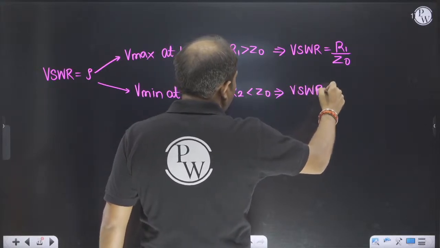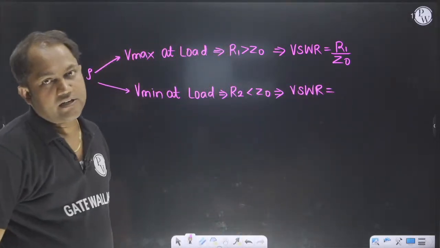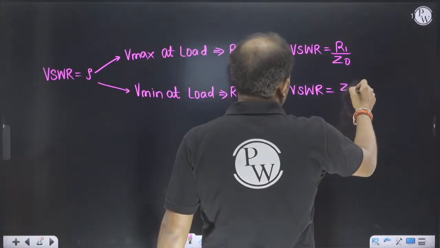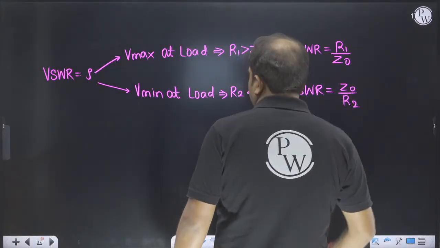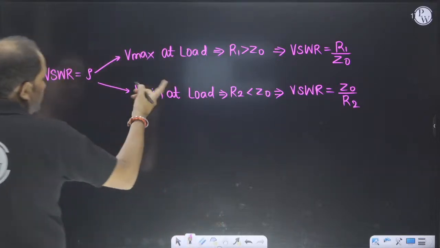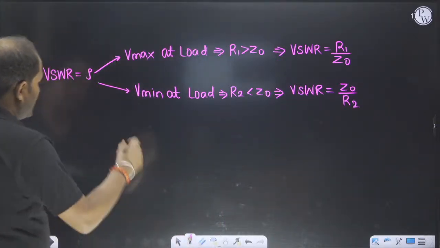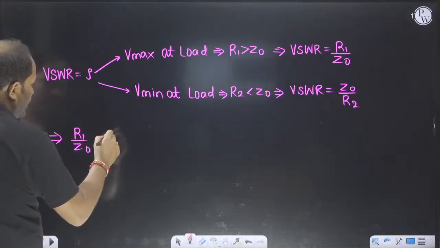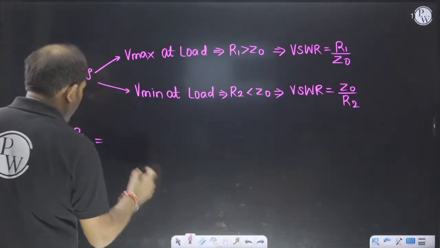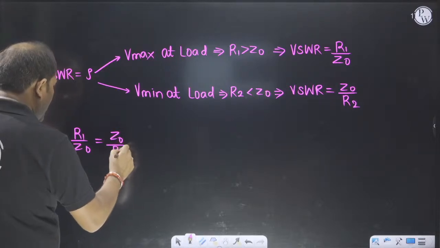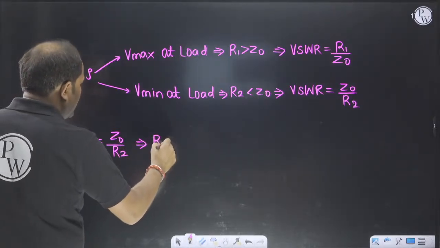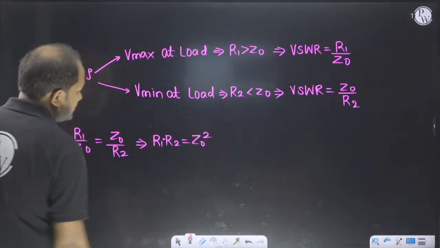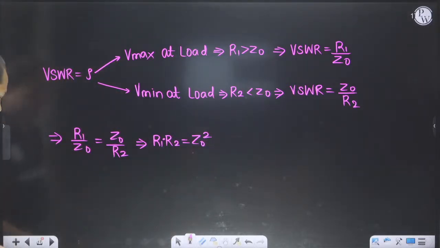So there will be two cases: the first is R1 greater than Z0, and the second is R2 less than Z0, giving Z0 upon R2. Because VSWR is the same, R1 upon Z0 equals Z0 upon R2. So R1 into R2 will be Z0 square.